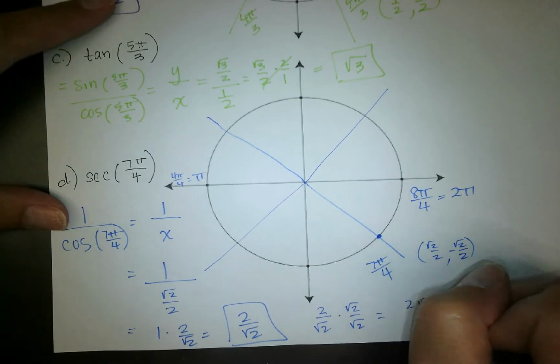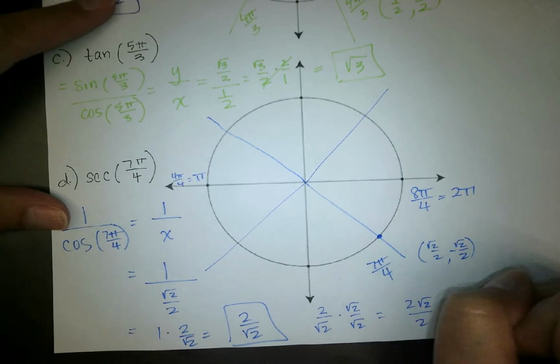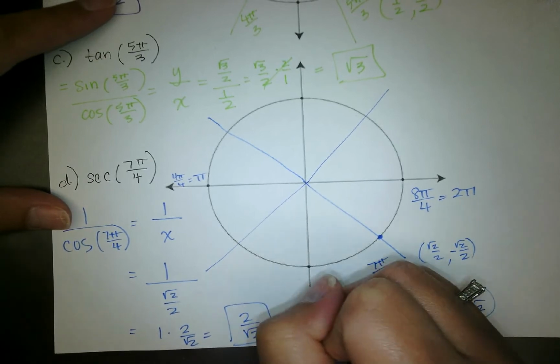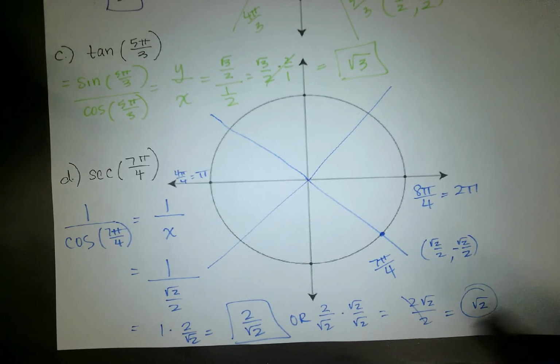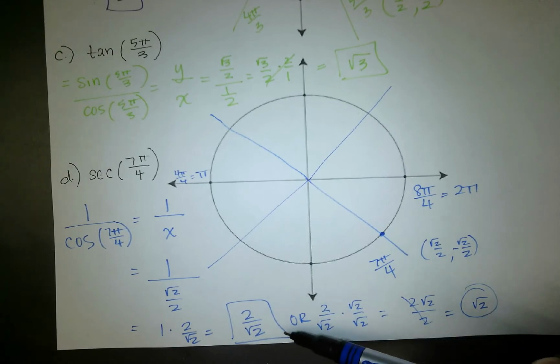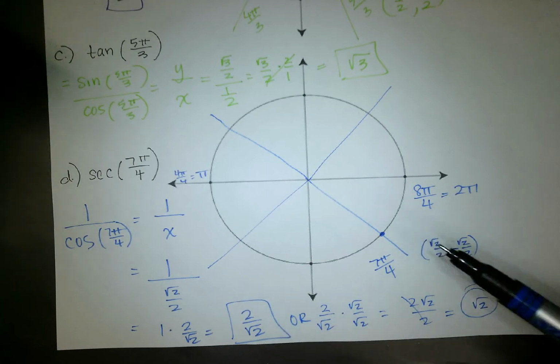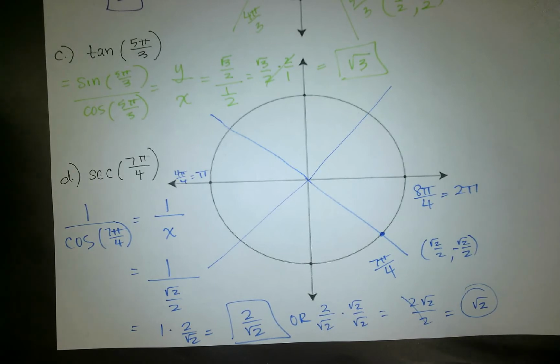That's square root of 2 root 2 over 2. That simplifies to square root of 2. So either answer is fine. Stop there. I don't need you to go any further. There's nothing wrong with it. There's only going to be a couple cases where it's nice to rationalize so you can realize what it really equals. We'll see that later when we get into equations. Okay.